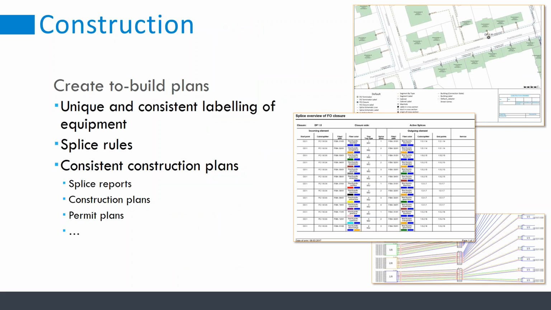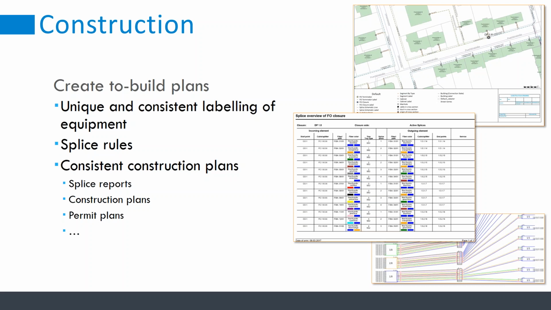Right, and for this, you can use the FiberPlanIT Engineer. What you can do with FiberPlanIT Engineer is make sure that you create consistent construction plans, all of the splice reports, all of the maps, and permit plans that you need for constructing your network, and make sure that you have a unique and consistent labeling of your equipment.